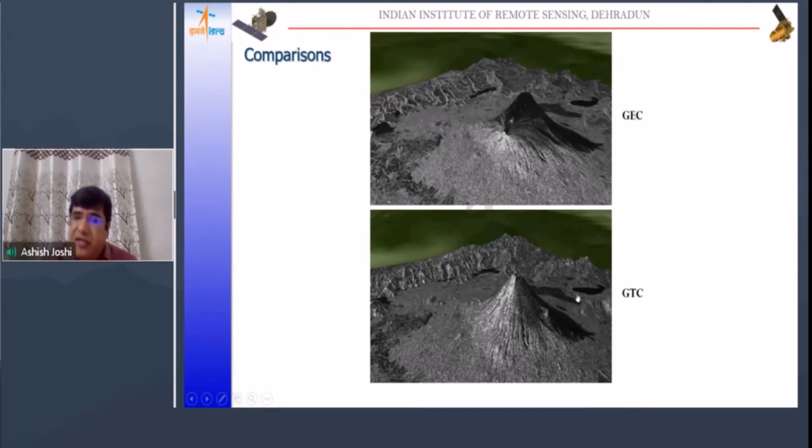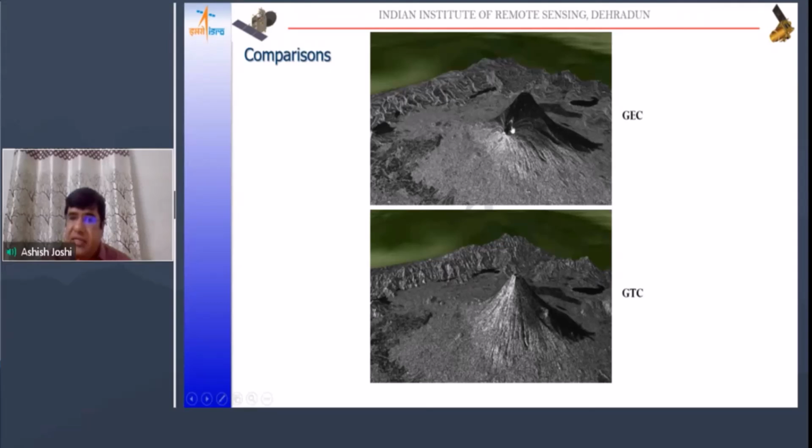Okay, so after the GTC, we can see how this hilltop goes to the correct position. It is forming the correct mountain. So this is Mount Fuji in Japan. You can see the proper volcano shape in the ortho image of the SAR image.